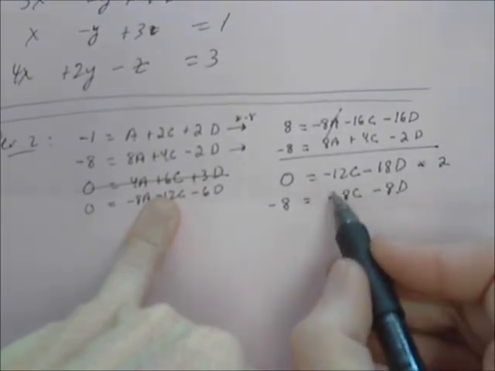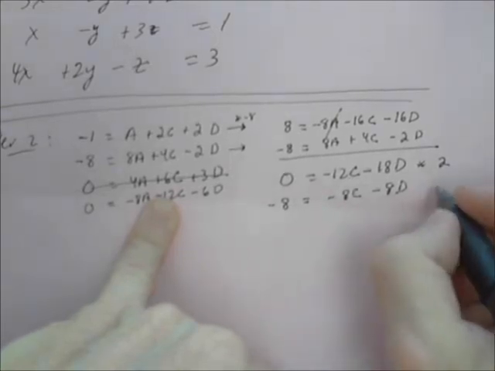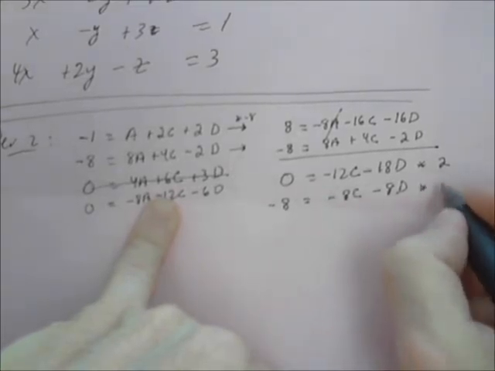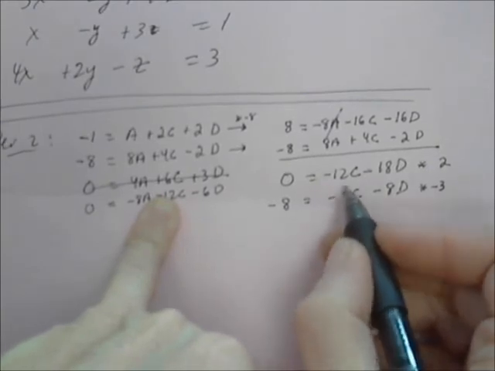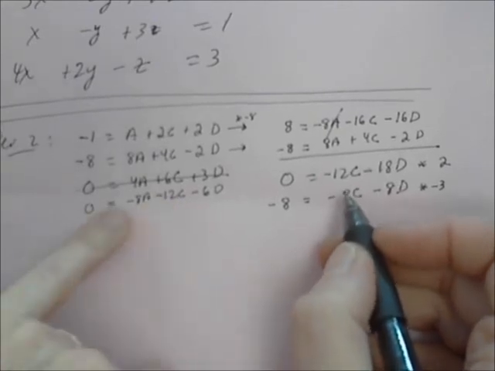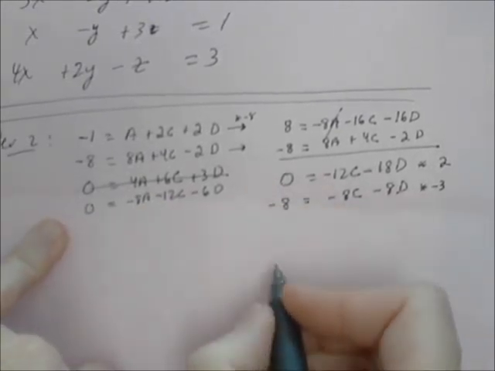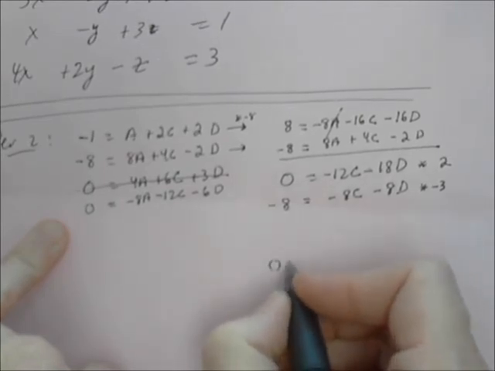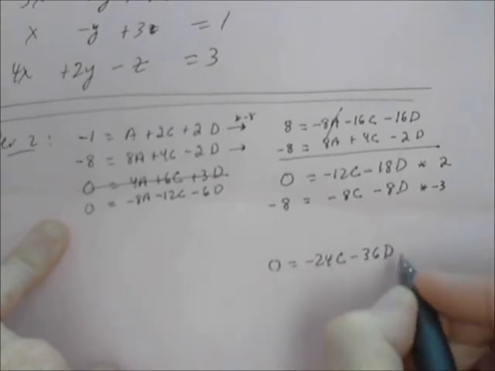So let's multiply this one by 2, so I can get a -24c here. Let's multiply this third one by -3 so I can get a +24c here, and so we can eliminate those c's. All right, so I'm going to take this down and multiply this by +2. So this becomes 0 is equal to -24c minus 36d.